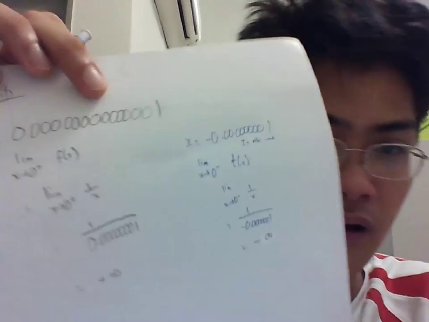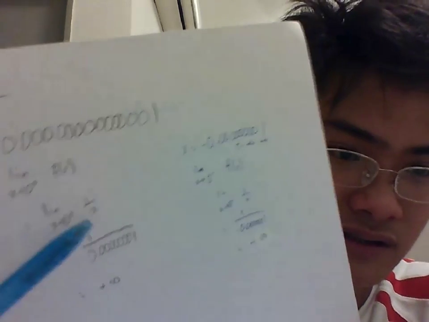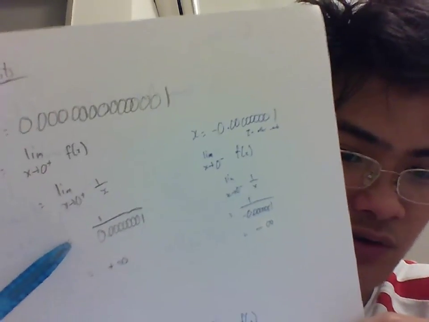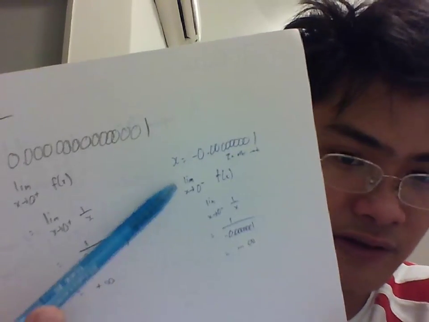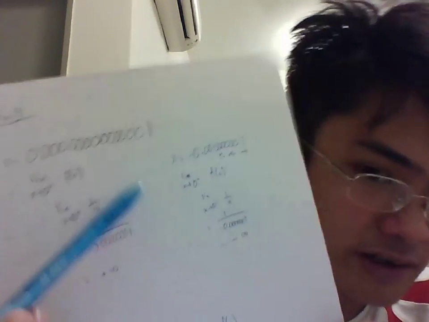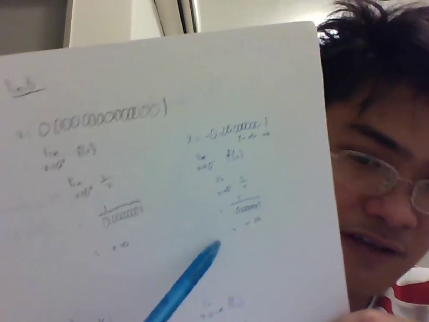For example, here, x equals 0.0001. The limit as x goes to 0 plus of 1 over x is plus infinity. And if we take the negative value, when x is very close to 0 from the negative side, then you get negative infinity. That is your y value.